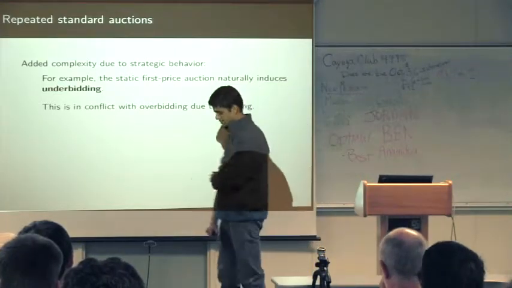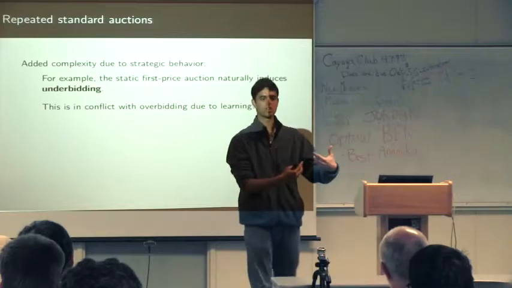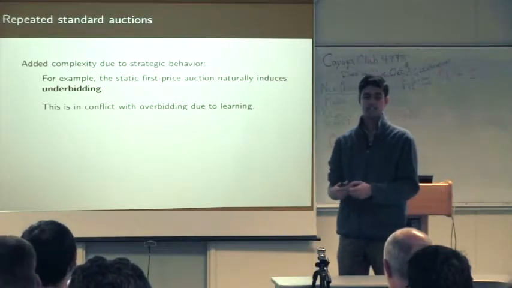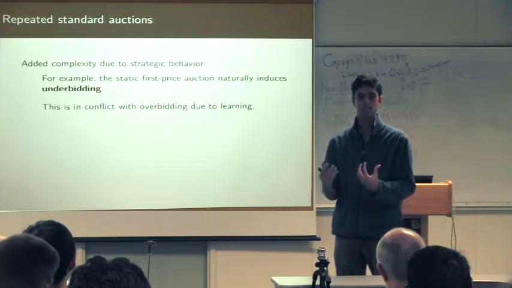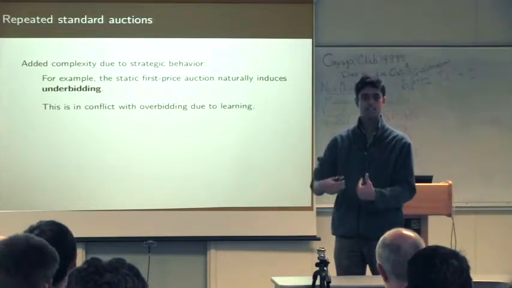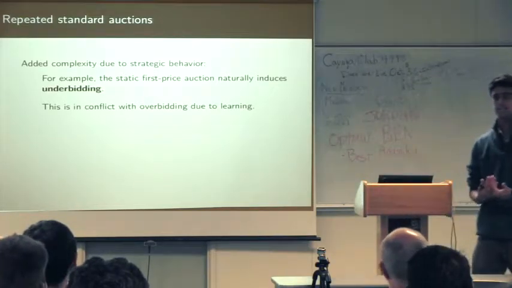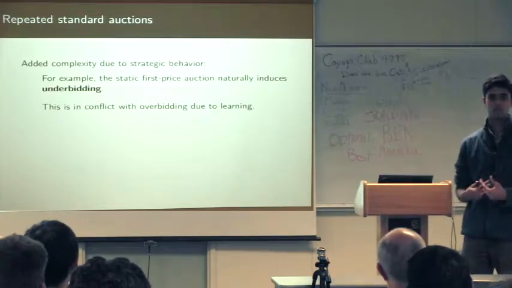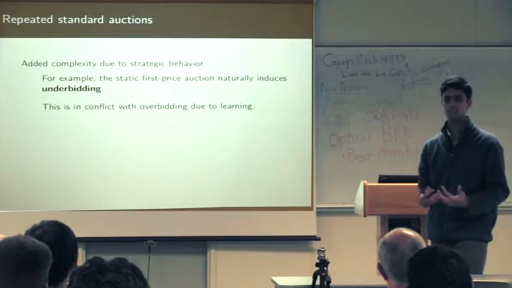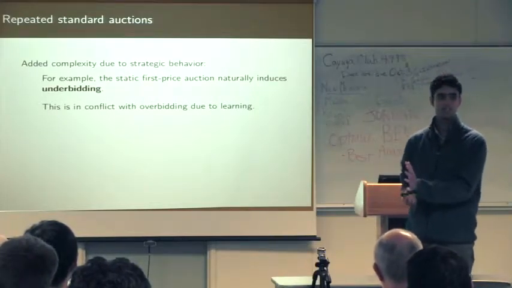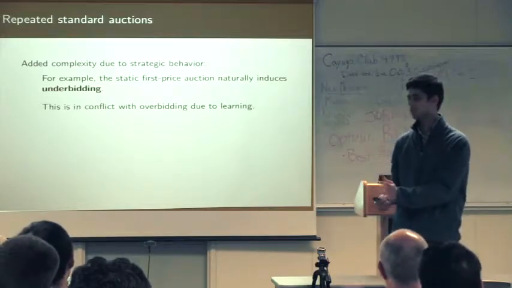The complexity here is that, unlike a second price auction where bidding your value was a dominant action, here you need to incorporate the strategic behavior of an agent even in a static setting. For example, in a first price auction, the static setting says you would underbid your value because you don't want to pay your value if you win. And this is in conflict with the overbidding that you would incur if you want to learn.